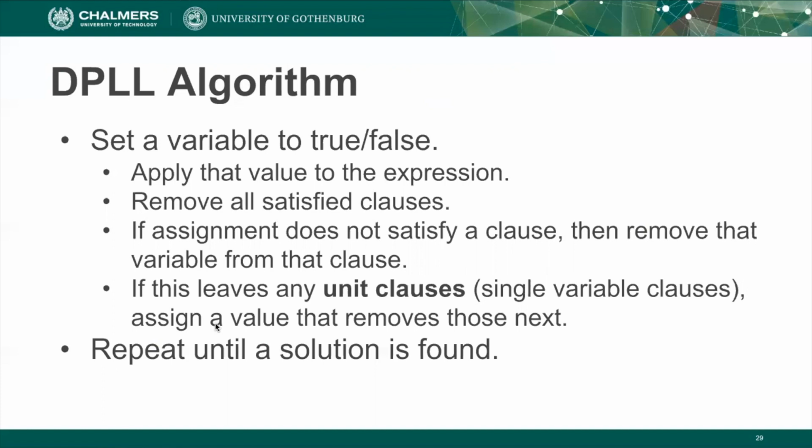On the other hand, if the literal is false due to its negation, we remove only that specific literal from the clause. So far, this is sort of like branch and bound, except that we're looking at it from the point of view of the clauses and trying to simplify them. We recursively perform this simplification until we can find a solution.